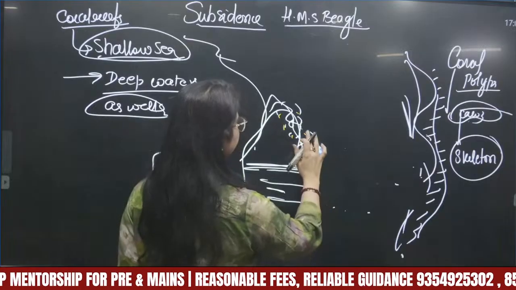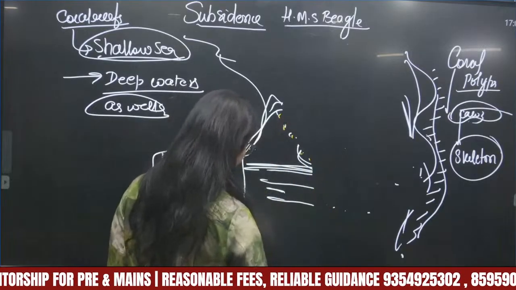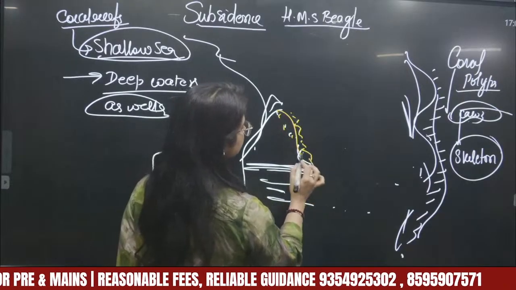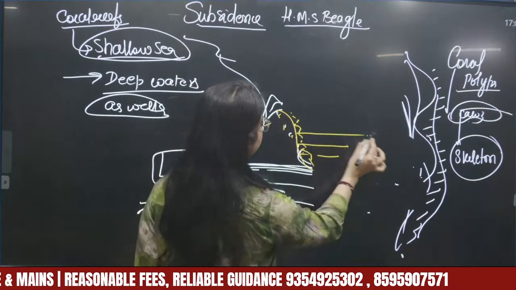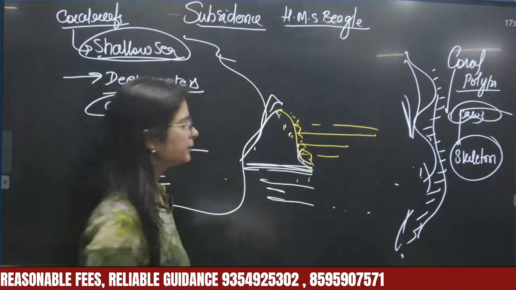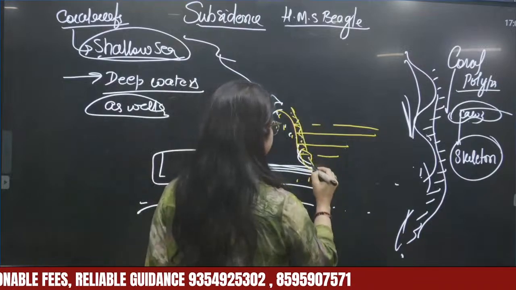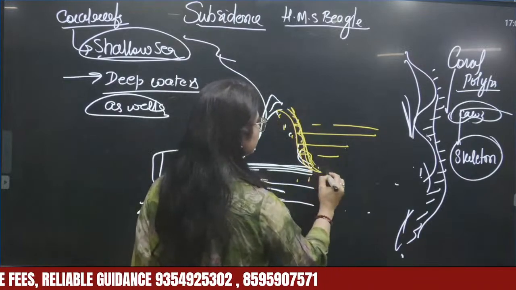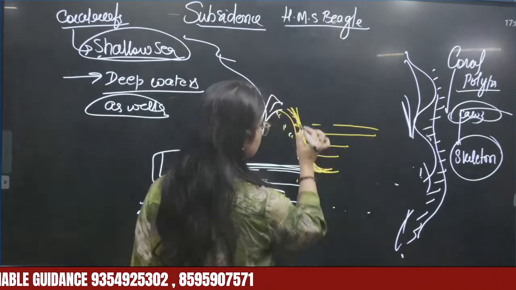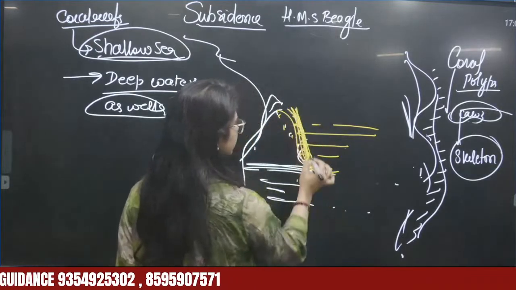I will only take the narrow edge of it. Suppose here you are having a water, and over a period of time, what would happen? This, wherein the corals are being formed at the coastline, adjacent to the coastline, or adjacent to this land.